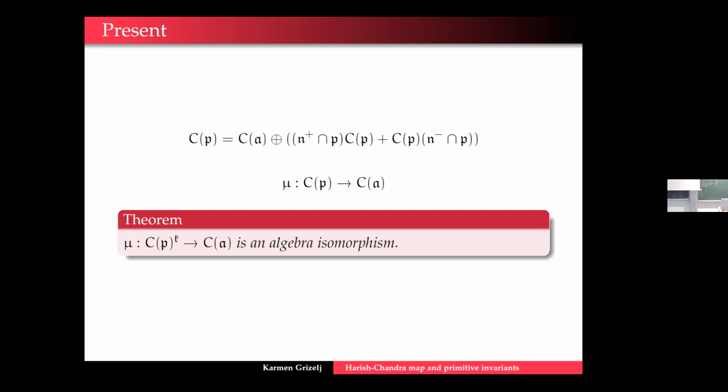Before, you had something like, here was G, here was G, this was a basis of G, these were elements of G, and now we end up with this decomposition.